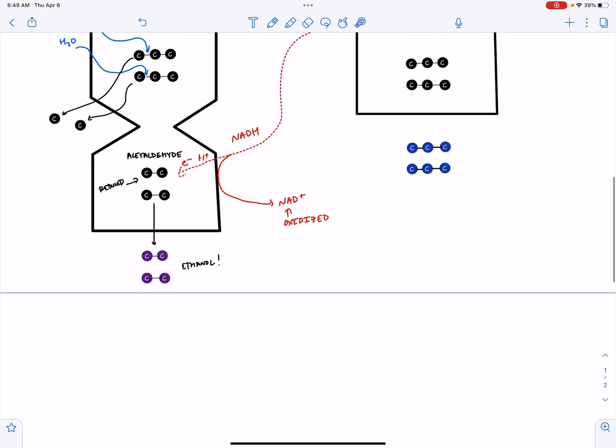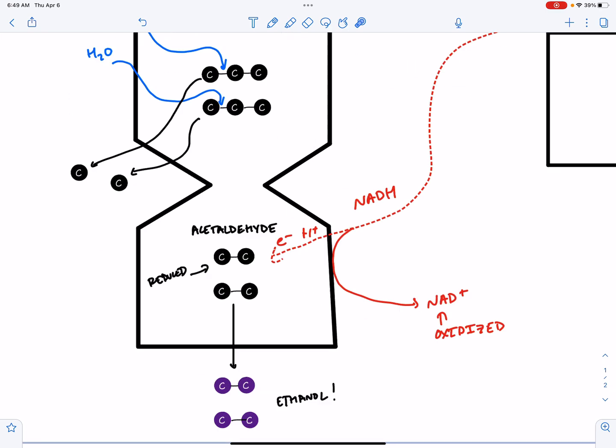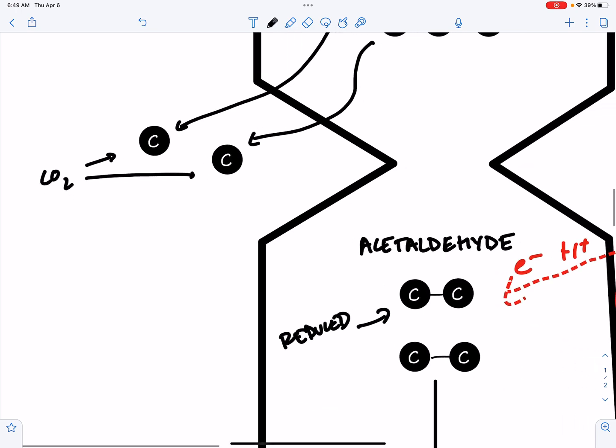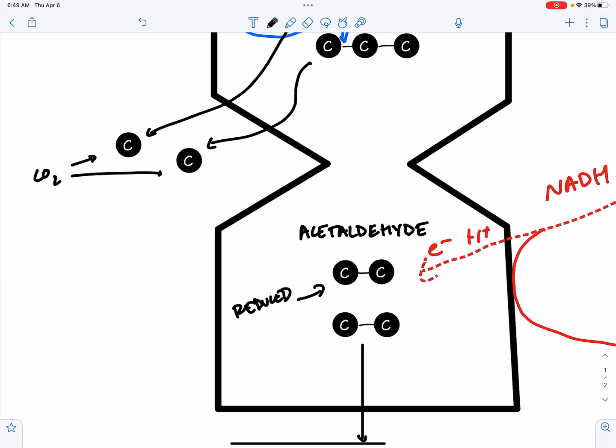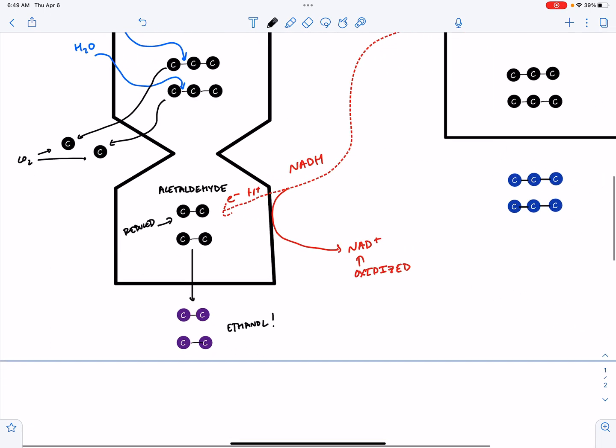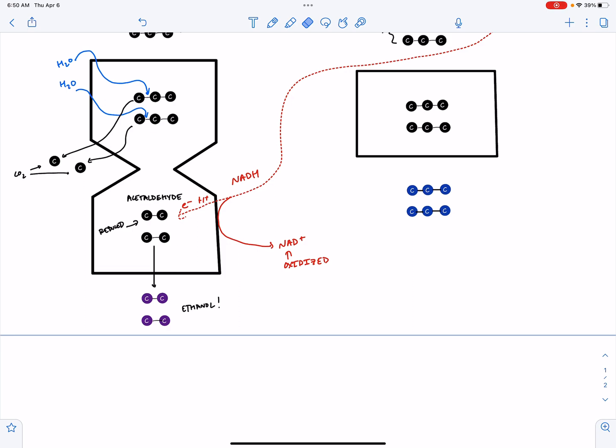Okay, so we performed a couple different things. Number one, we've made some CO2 in this process. So if you ever let something go bad in your fridge, in a jar, you might notice that it's a little bit bubbly. That is CO2 likely caused by yeast, a fungus, performing fermentation in your fridge.